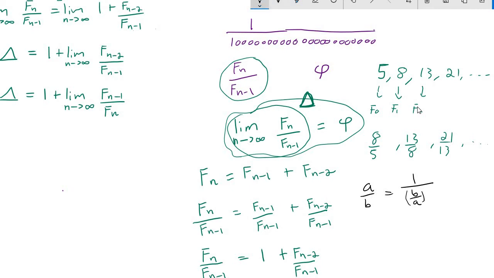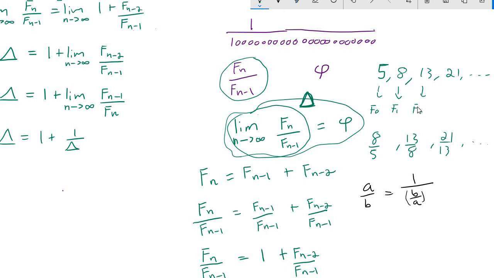So what that really means, since our original limit here we were calling delta, is that this limit over here is really just 1 over delta.